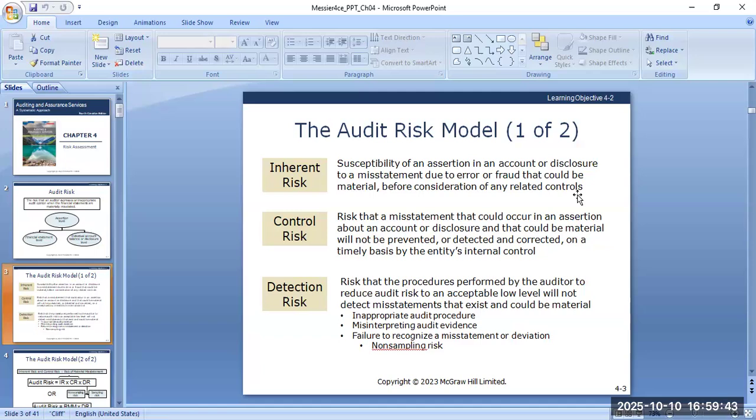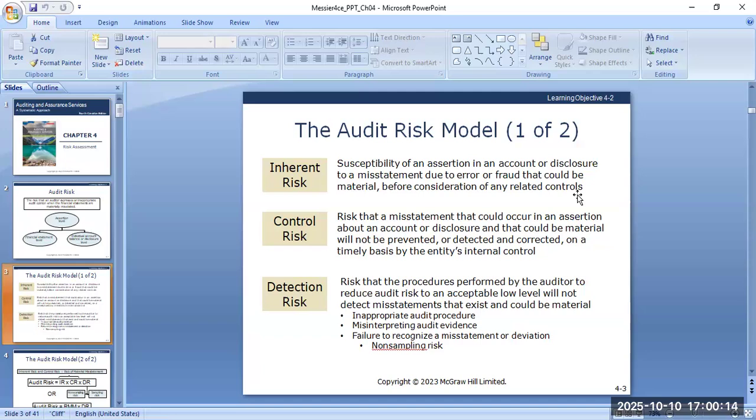Second one is the control risk. Control risk is the risk that a misstatement that could happen in the assertion about the account disclosure. So now we're talking about the second assertion, again, account disclosure. And that could be material, will not be prevented or detected or corrected on a timely basis by the entity's internal control.